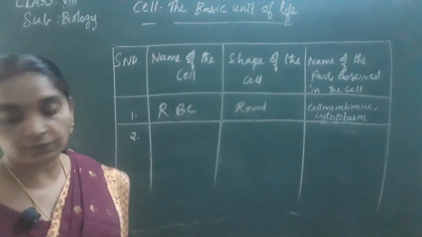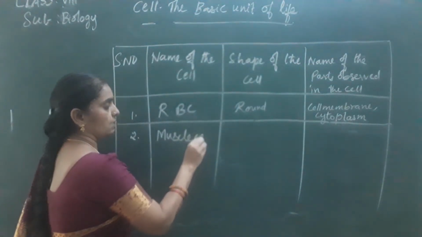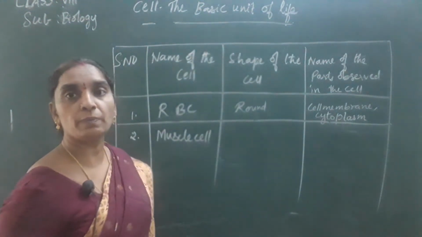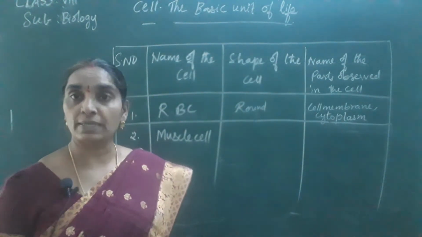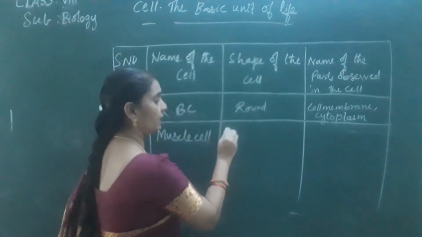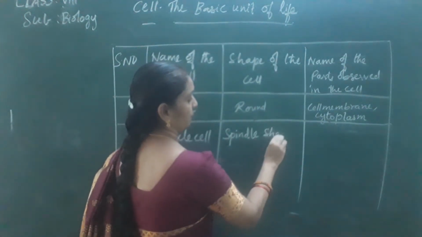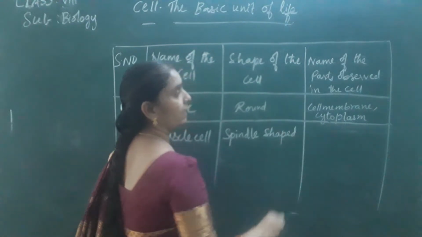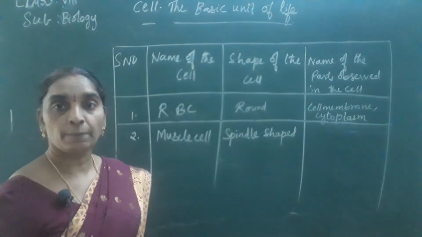The second one given is about the muscle cells. Smooth muscle cell and striped muscle cell you have seen. The muscle cells are spindle shaped. And what are the organelles present, that is, the parts that we have seen in the muscle cell?